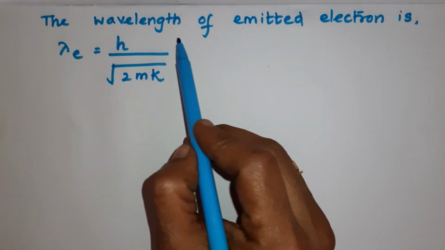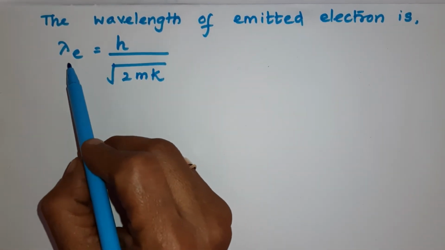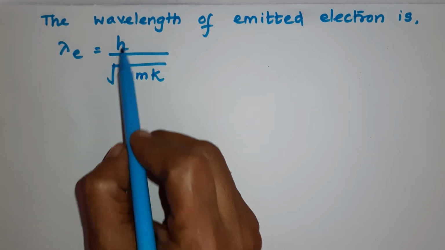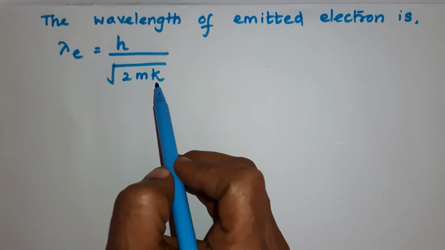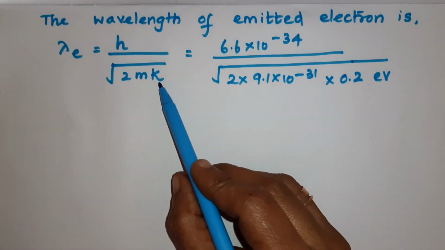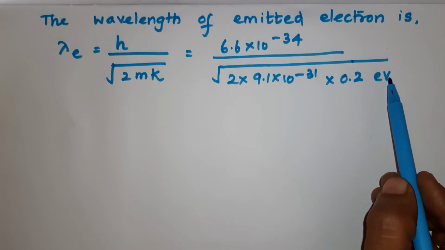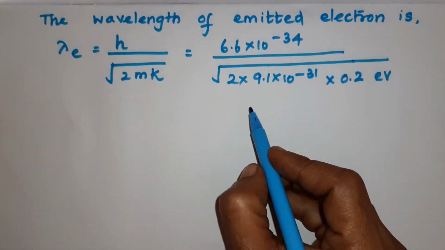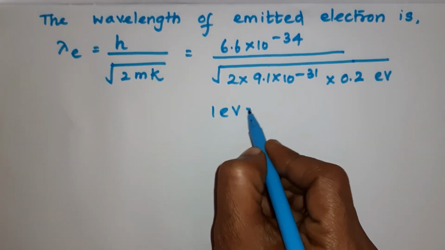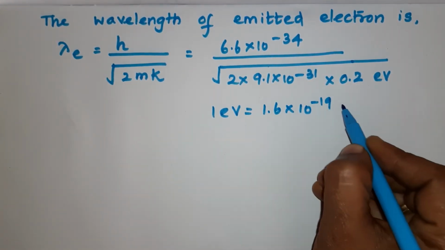We need to find the wavelength of the emitted electron, which we know lambda E is equal to h divided by square root of 2mK. We can substitute the known values here. Energy is in electron volt here, so we have to convert this electron volt to joule. We know 1 electron volt is equal to 1.6 into 10 power of minus 19 joule.